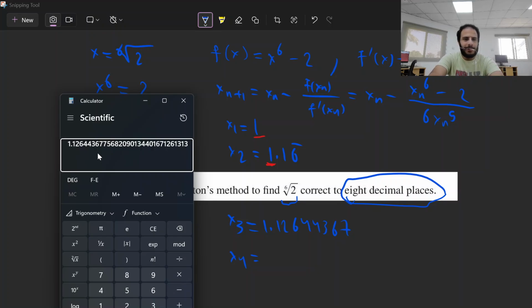Then Control V minus, you open 2 parentheses, then power 6 minus 2, you close it, then divided by, open another one for the denominator, 6 times Control V power 5, you close the 2 parentheses. You get 1.1, yes.